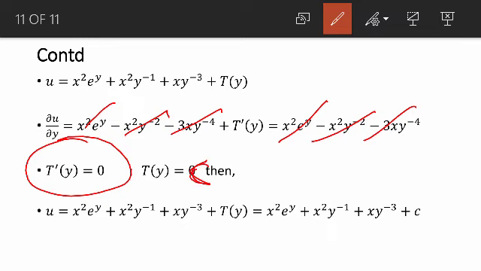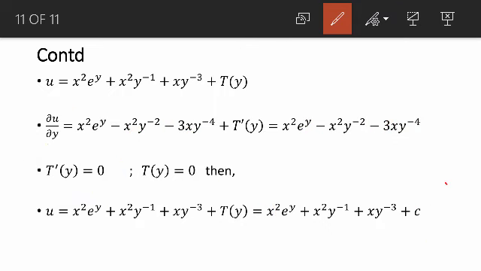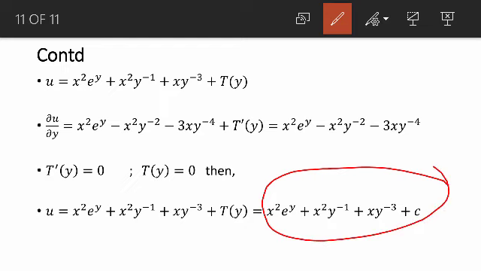So now we can conclude that our u is equal to x squared exponential y plus x squared y raised to the power minus 1 plus x y raised to the power minus 3 plus t of y. So when we substitute the value c for t of y, we are going to get this. That gives us the final answer of our solution to our question.